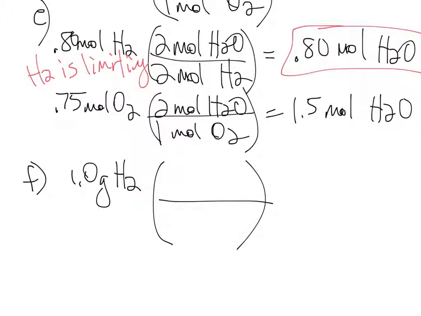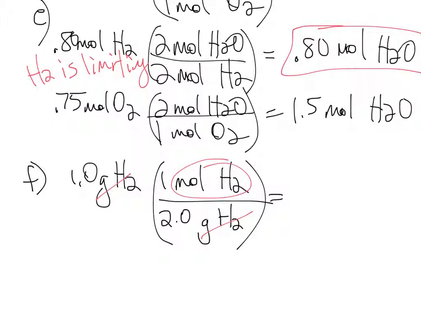In that molecule H2, there are 2 hydrogen atoms, each of which has an atomic weight of 1. So the molar mass of the H2 molecule is 2 grams for every 1 mole. So we're just doing a molar mass conversion. We're getting the number of moles of H2, and in this case, it works out to be 0.5 moles of H2.